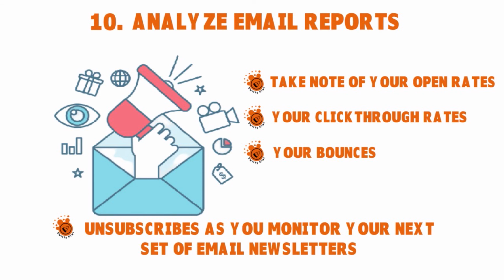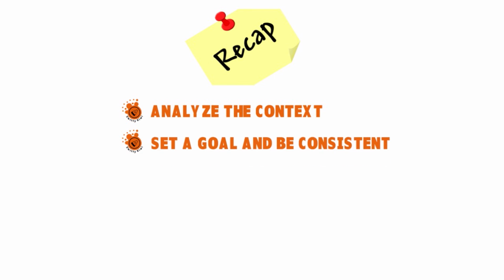All right, folks, this is pretty much it. Let's quickly wrap up today's conversation. I was giving you a quick email newsletter design tutorial, and I was giving you 10 quick tips on creating a perfect email newsletter. And here are those 10 quick tips. First, analyze the context. Set a goal and be consistent.